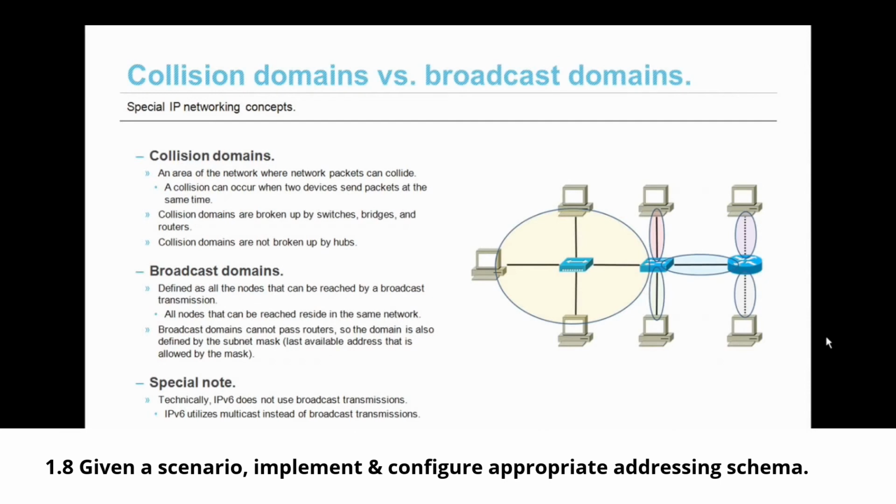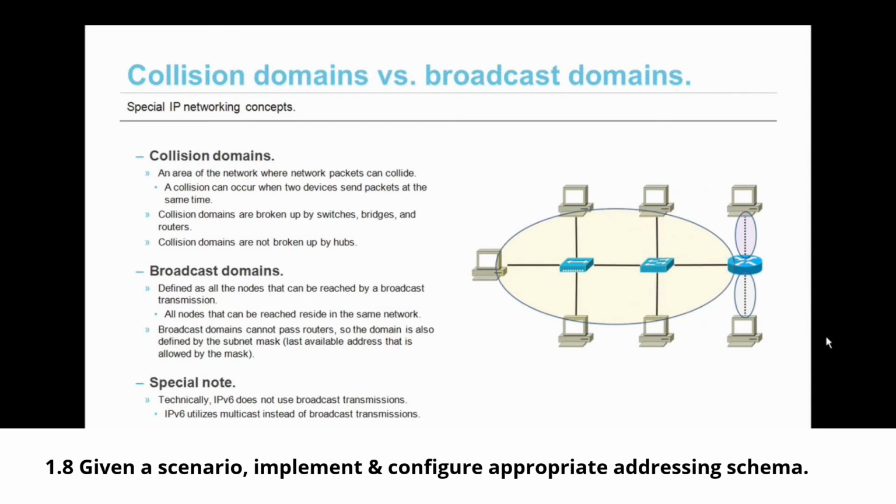With that out of the way, now let me explain what collision domains are. Collision domains are an area of the network where packets or network traffic can collide. There are some devices that break up collision domains. They can be broken up by switches, bridges, and routers, but not by hubs.